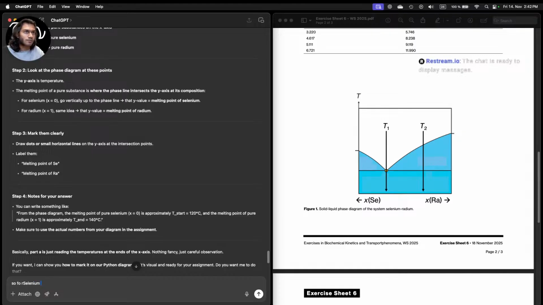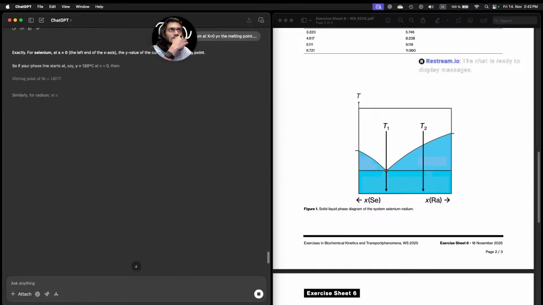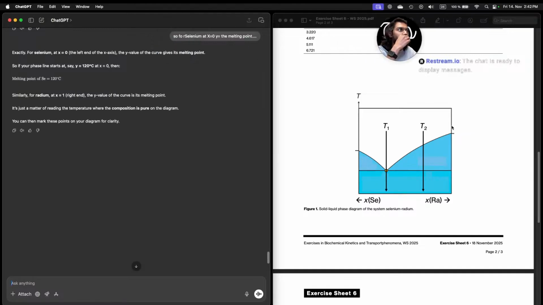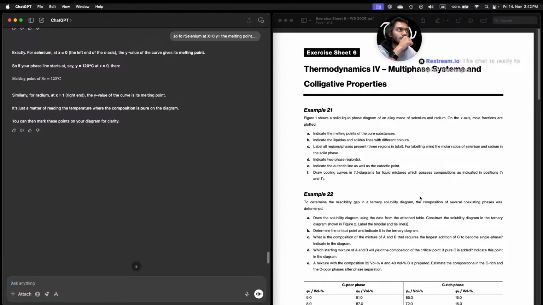So selenium. Exactly. Okay, so these are the melting points. No values are given, right? It's just, now indicate the liquidus and solidus lines with different colors.